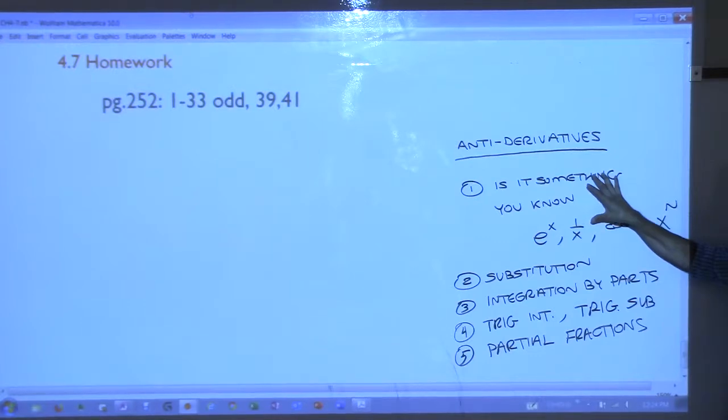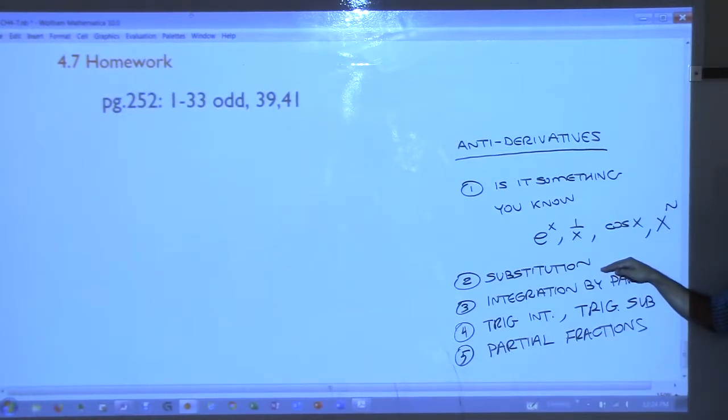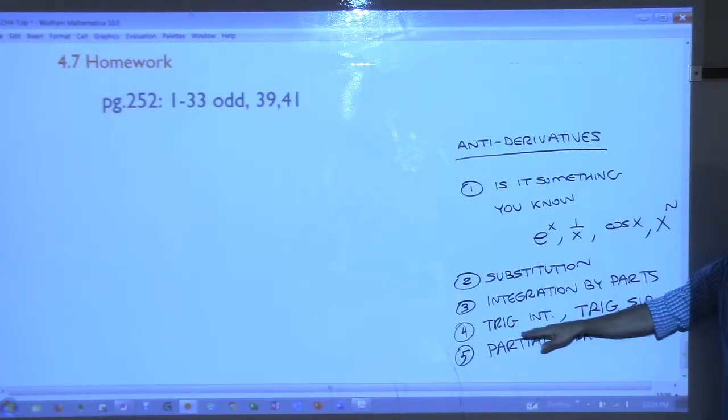Something you should know: substitution is by far the easiest on this list. Integration by parts is problematic. Trig integrals, trig sub just causes people major headaches, and partial fractions, that hardens you right there.